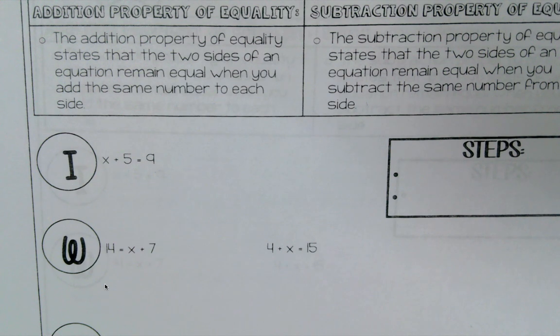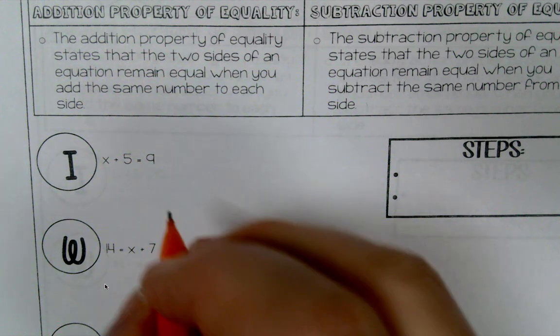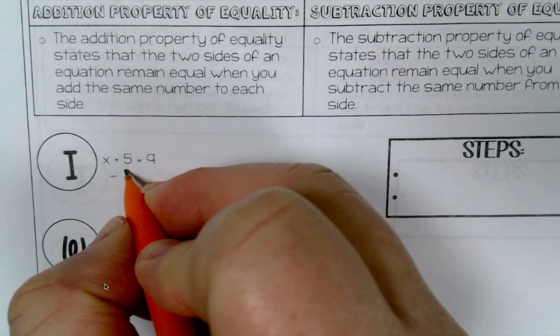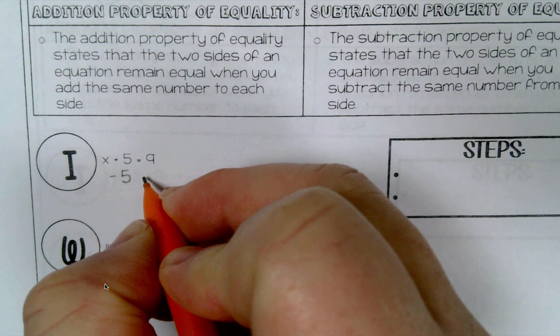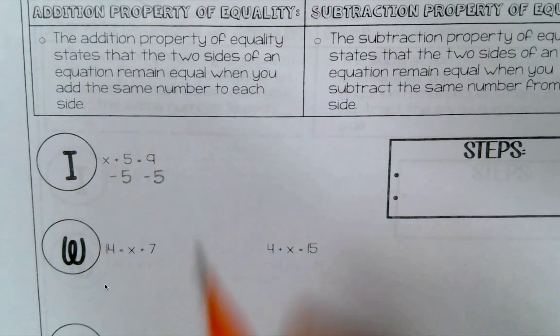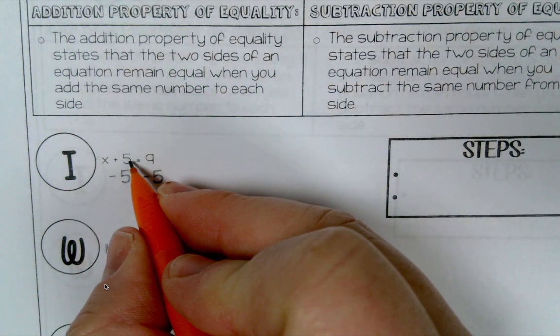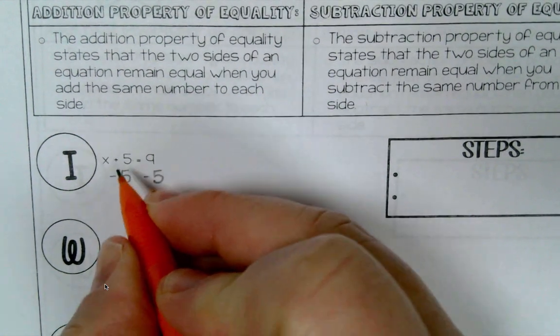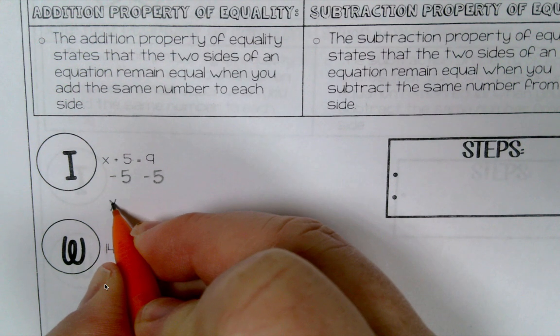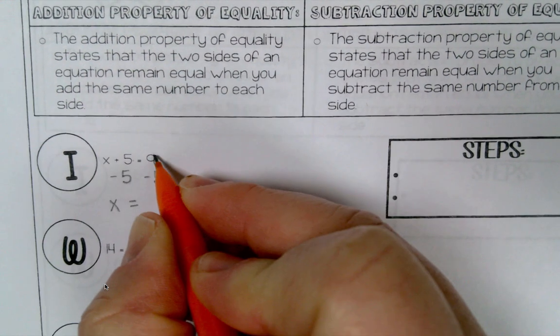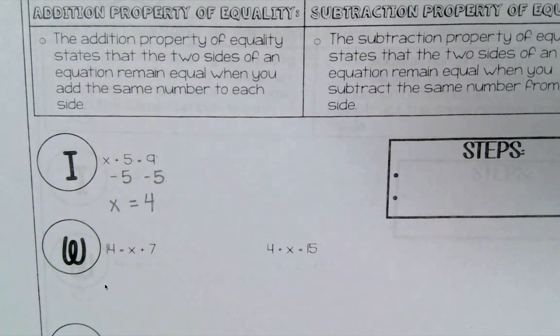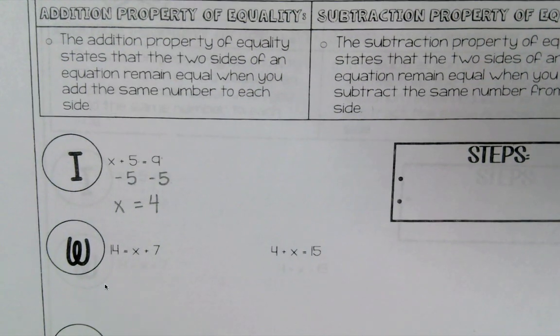The inverse operation of addition is also known as the opposite operation, which would be subtraction. So I'm going to subtract 5, my constant, from both sides so that my quantities remain equal. 5 minus 5 is 0. So I rewrite my variable, x equals, and 9 minus 5 is 4. I have balanced my equation. Both sides are still equal.